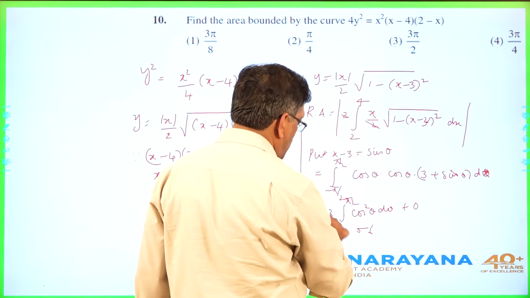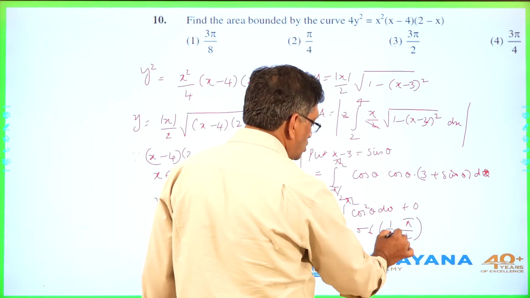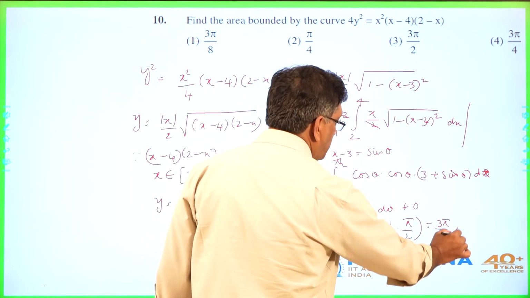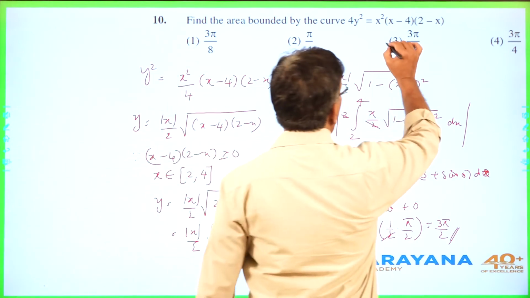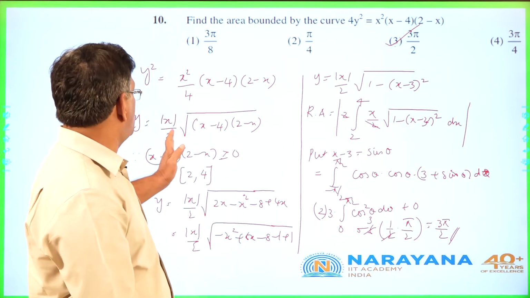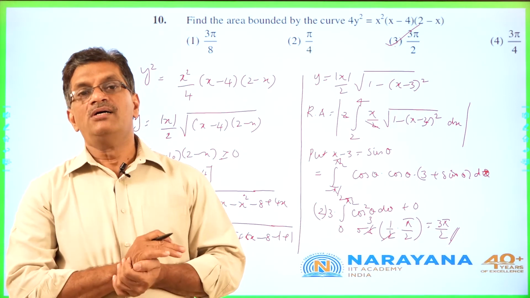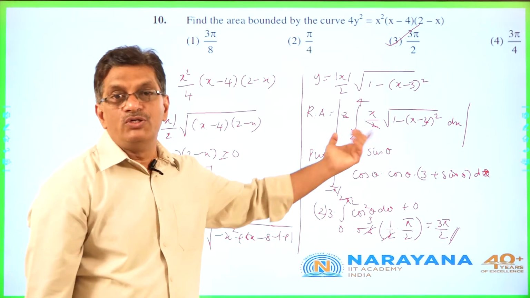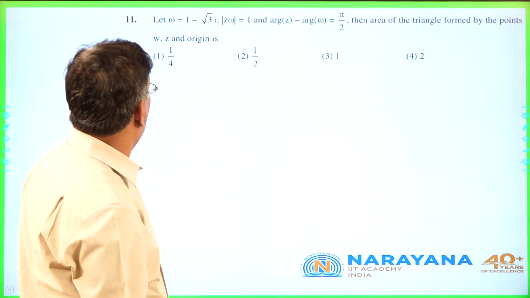It is 6 times 1 by 2 into pi by 2, that is 3 pi by 2, the area bounded. Okay, you can also solve by putting x equal to upper limit, lower limit into cos theta, cos square theta plus upper limit into sin square theta, but that is a lengthy procedure. Use simple substitution like this. Go to the next one.